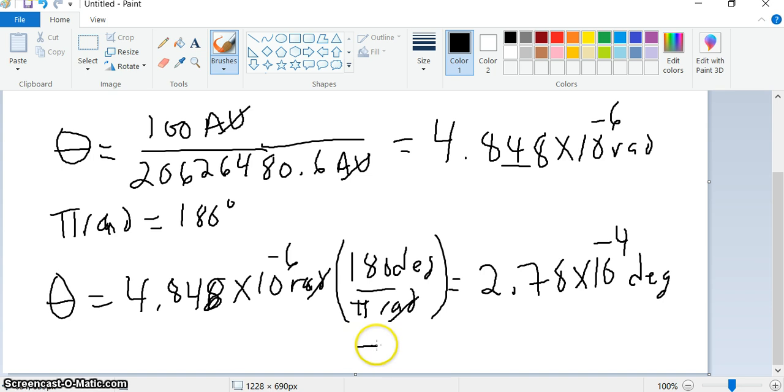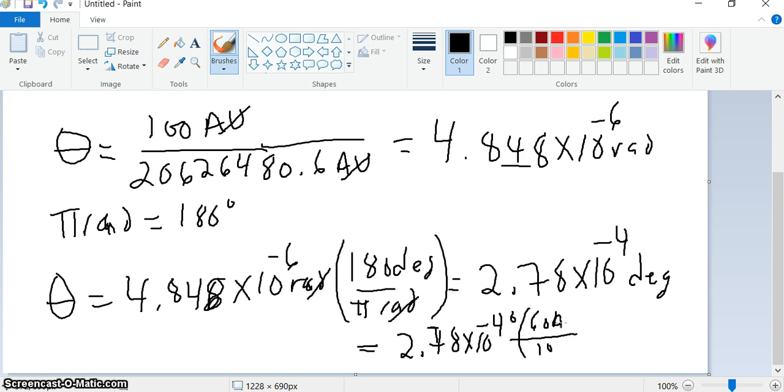I got a little bit of room right here. So you just take this number. So it's 2.78 times 10 to the minus 4th, and of course it's degrees, so I'll use the degree symbol. But of course we know that in 1 degree there are 60 arc minutes.